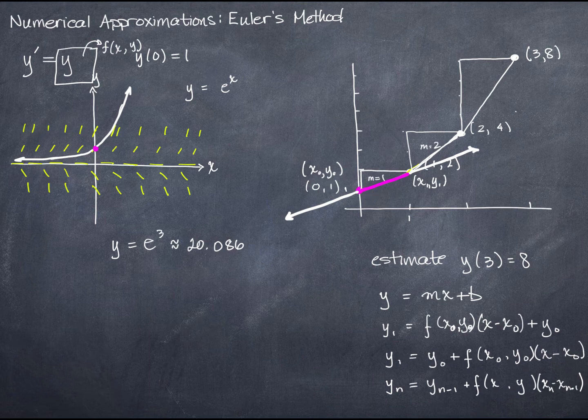So I'm going to have a y sub n minus 1. We're going to take our old slope and our old y, and then take our new x and subtract our old x, and combining those in this way, it's going to give us our new y.